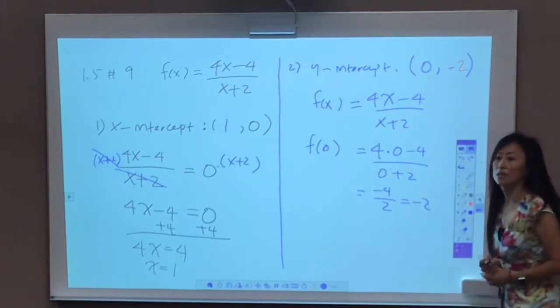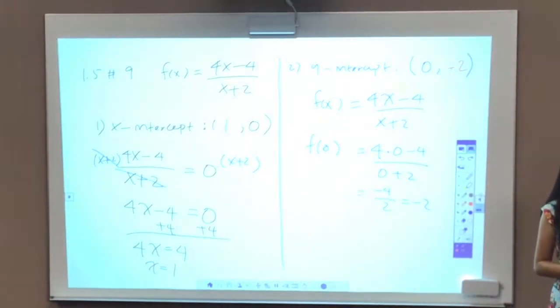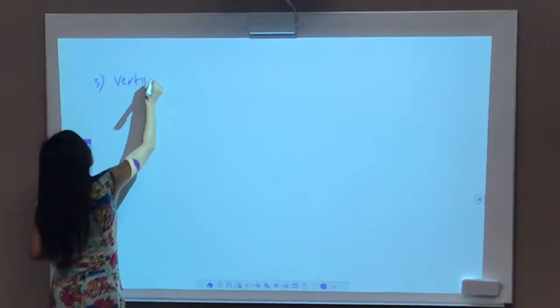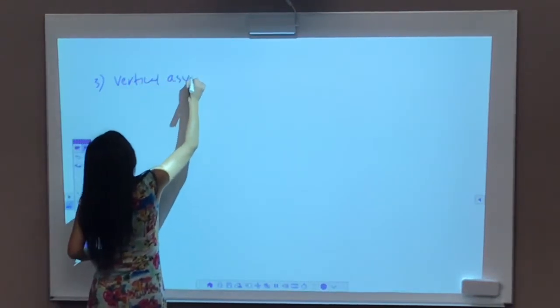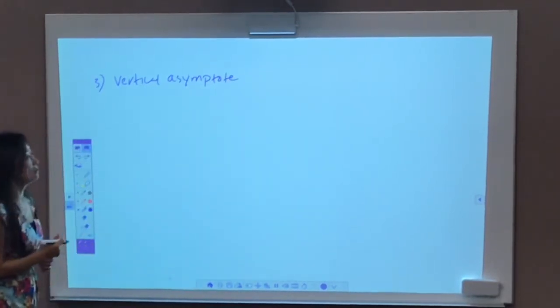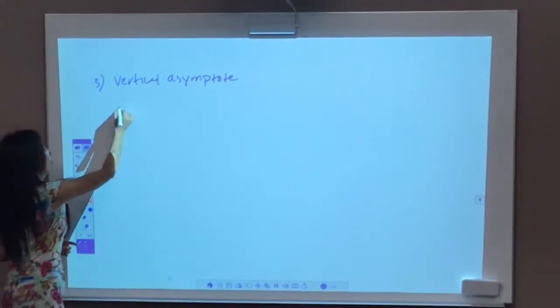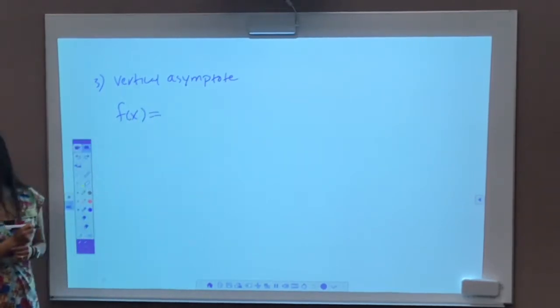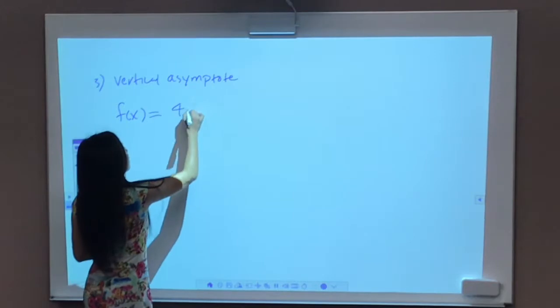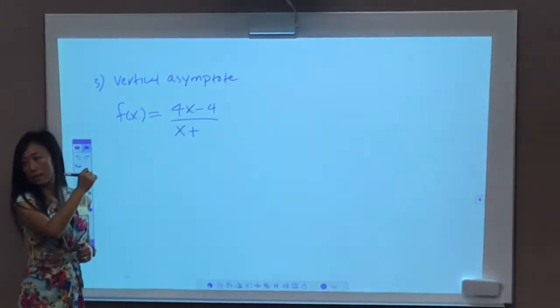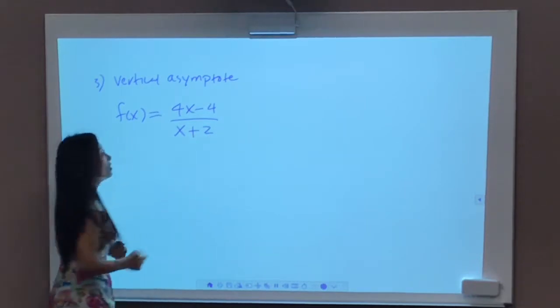So we got two parts. Now we have to do the vertical asymptote and horizontal asymptote. Okay, vertical asymptote means we have this problem, 4x minus 4 over x plus 2. All right. So for the vertical asymptote, what did I tell you yesterday? Whenever you have a 0 in the denominator, it gives what?